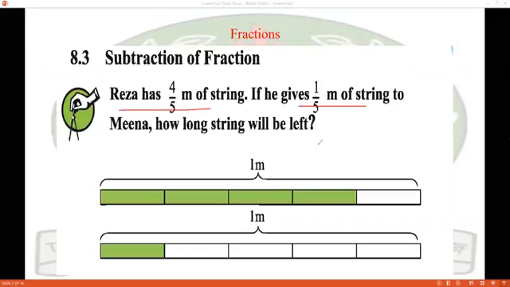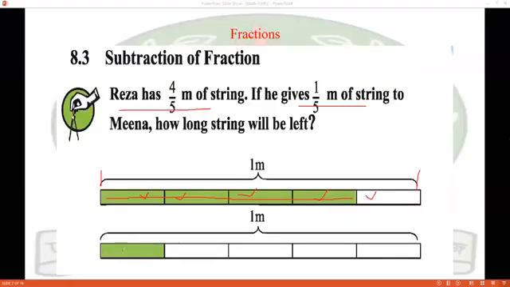From the coloring, we see that this is 1 meter of string from here to here, and it has 5 parts: 1, 2, 3, 4, and 5. So these colored 4 parts are Reza's, 4 out of 5 parts, but he gives 1 by 5 meter, that means 1 part to Mina.